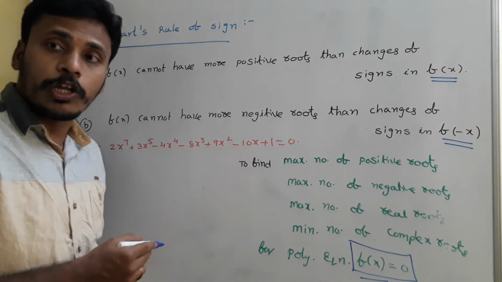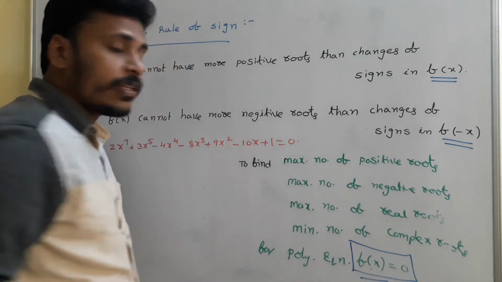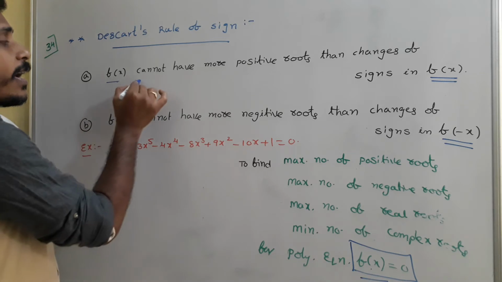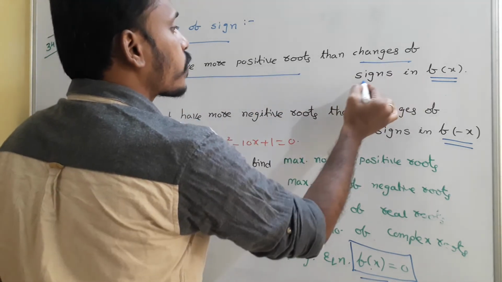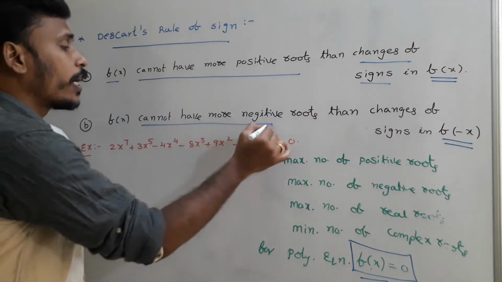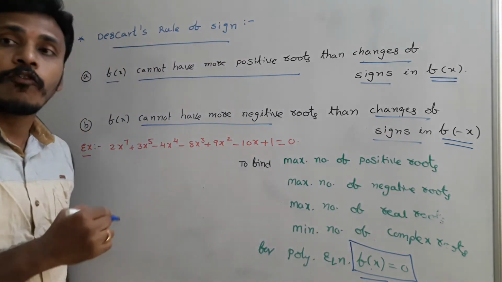That f of x cannot have more positive roots than changes of signs in f of x, and cannot have more negative roots than changes of signs in f of minus x.